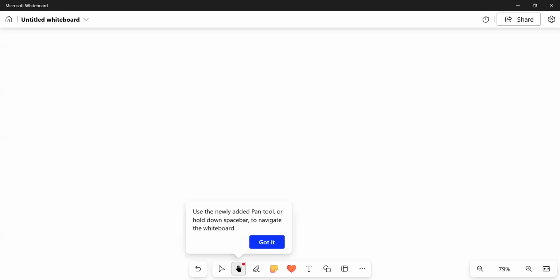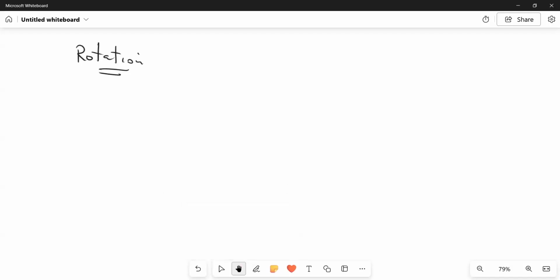Let's talk about rotation now. Rotation. And again, there are matrices that will effect a rotation for you, right? I will just give you the matrices, right? There are some standard ones.